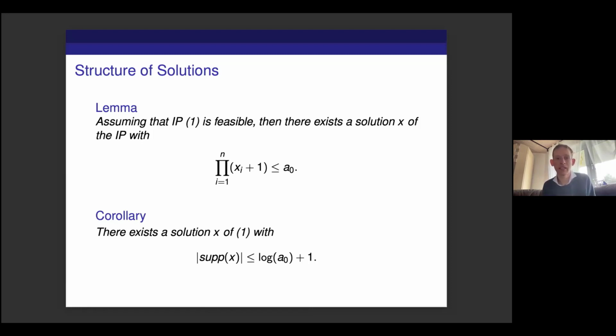So in a sense, we know that there always exists a solution that uses very few different item sizes, although they might have very high multiplicity. So the question is how do we deal with these high multiplicities? But it's good to know that we only use very few different item sizes.